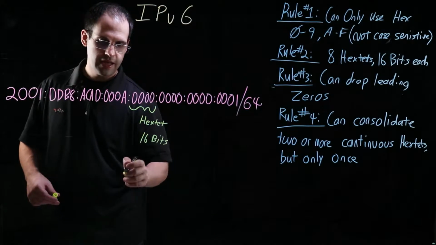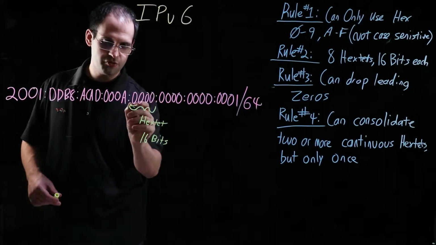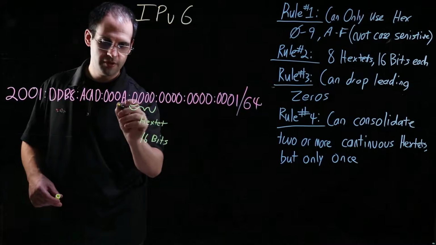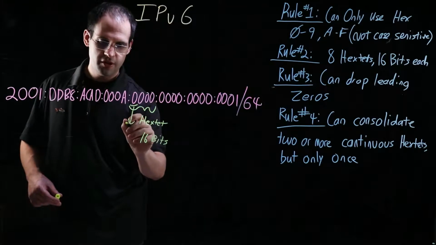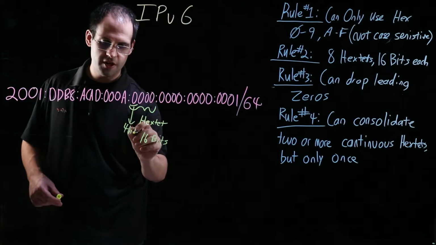Each of these values, so a 0, an A, a 0, an A, a D, is 4 bits, or a nibble.